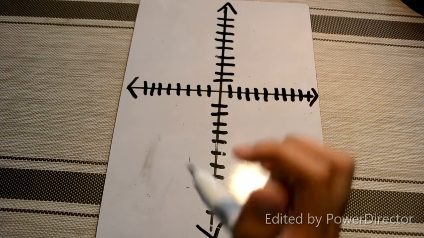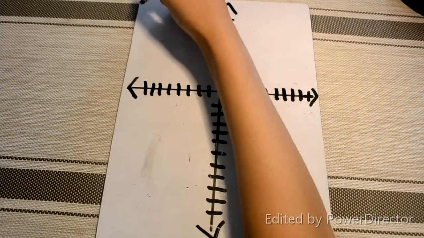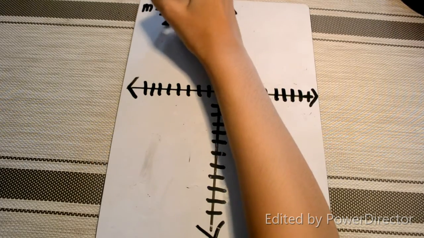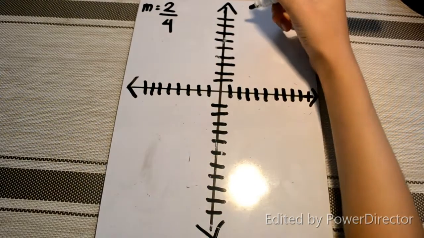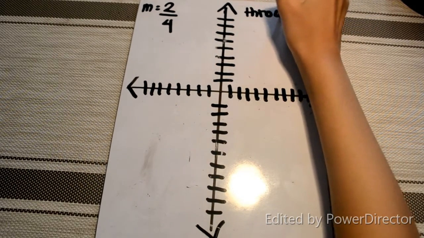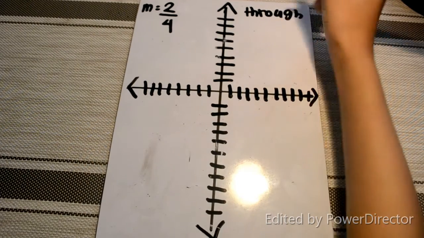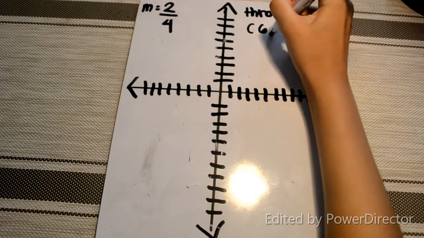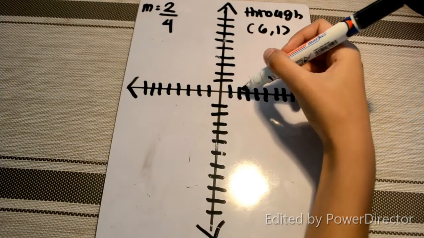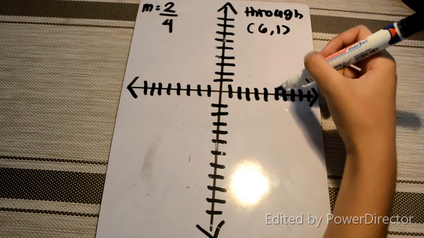We can use this form if we know one point on the line and the slope of the line. First, our given slope is 2/4 and the point is (6, 1). To verify the line, we need to plot it first.